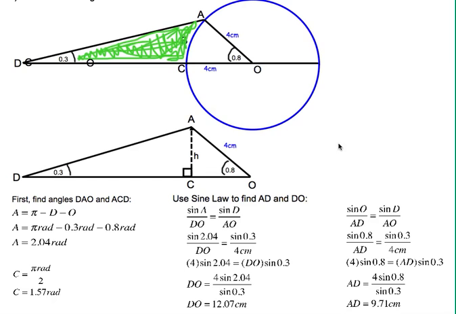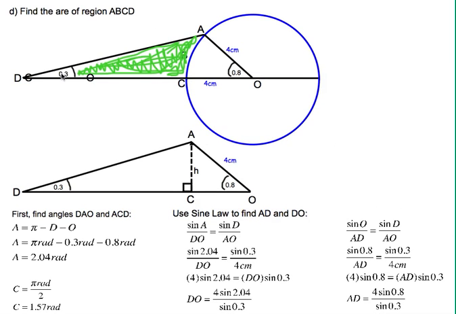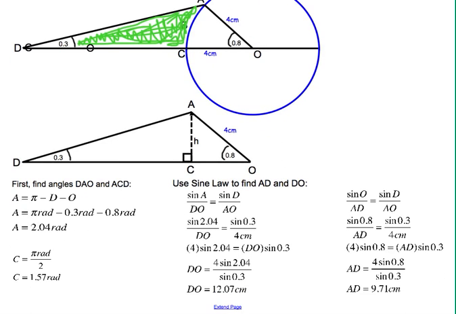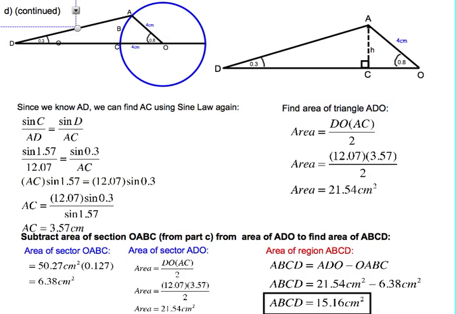This is the first part of trying to find the area of this region right here, ABCD, and now we move on to the second part. I recreated these images right here as a visual aid for us. Since we know AD, we can now find AC using the sine law yet again.